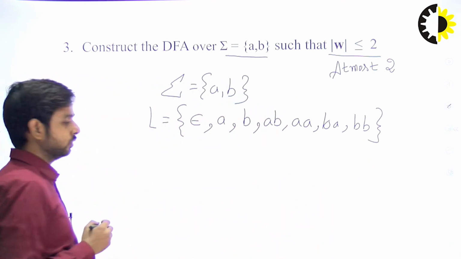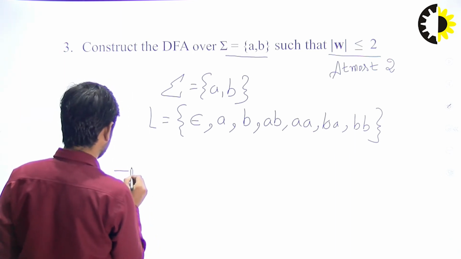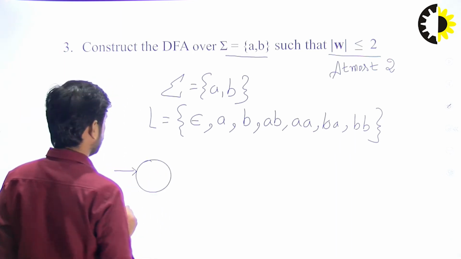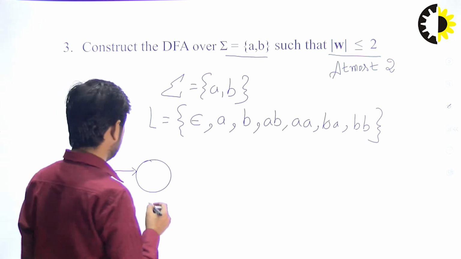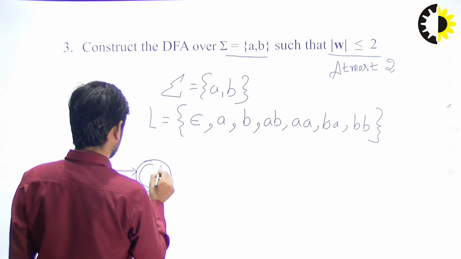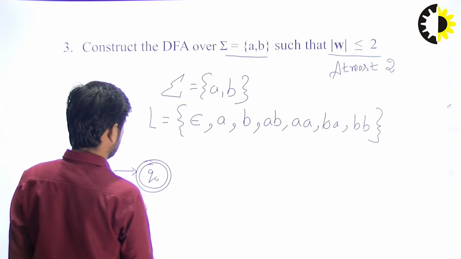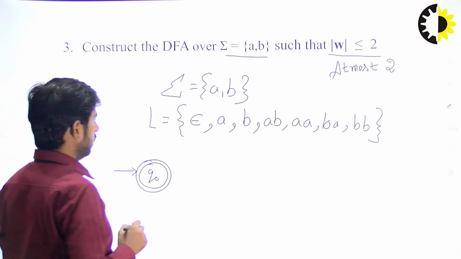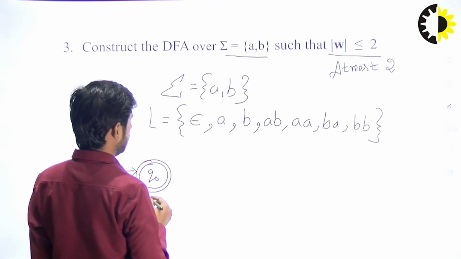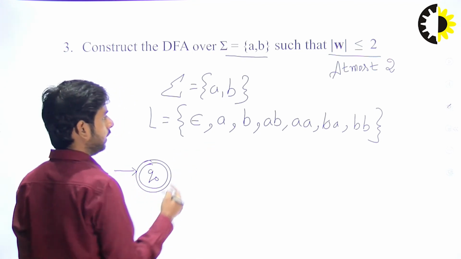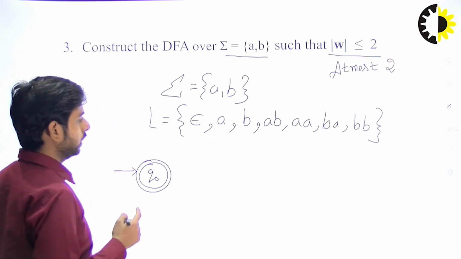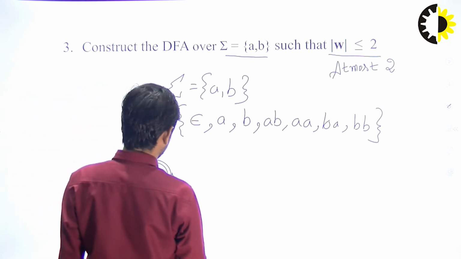So how will we construct the DFA? It will accept the string of length 0, so the initial state will be the final state. Now it will accept A also, AB also, and so on.